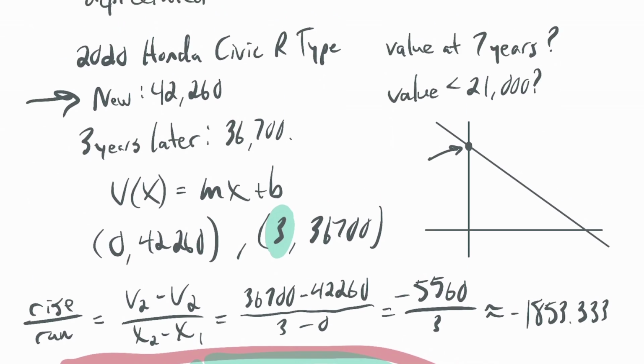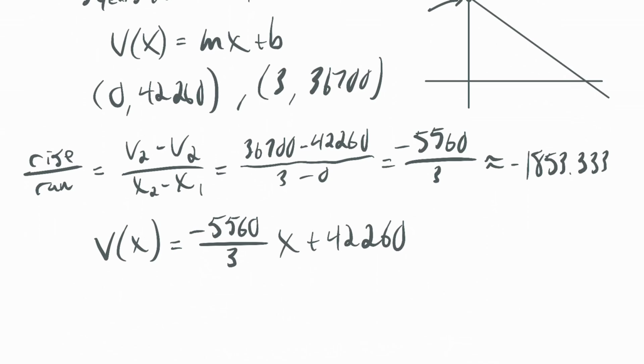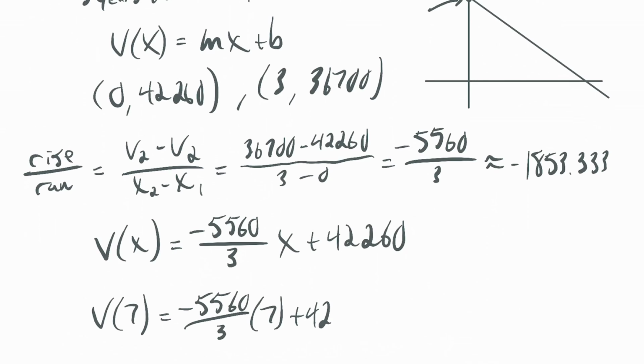But I'm asking, what's the value at 7 years? Since what I've come up with is called a linear value depreciation function, I'm assuming the same loss year to year. I can plug 7 in. So v of 7 is negative 5560 over 3 times 7 plus 42,260. I can throw that whole thing in the calculator.